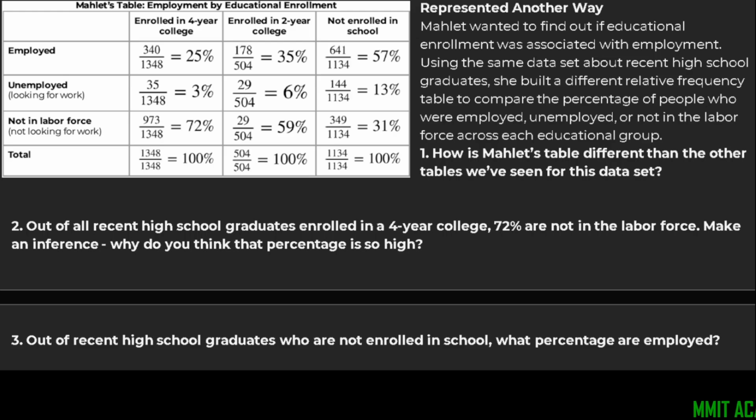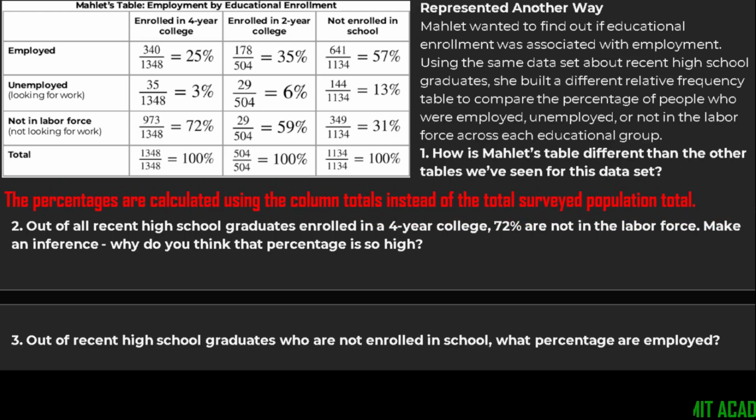So for number 1, it says, how is Mallet's table different than other tables we've seen for this data set? So we're going to say this. We're going to say the percentages are calculated using the column totals instead of the total surveyed population. So notice how the values change depending on what your denominator is.